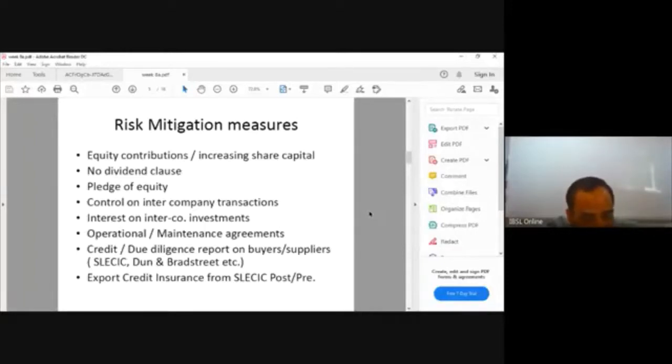Then there is another case. To mitigate the risk of our lending, sometimes we get the credit report from other financial institutions or other agencies, like a CRIB report, looking at the customer profile. It's a risk mitigation measure, right?